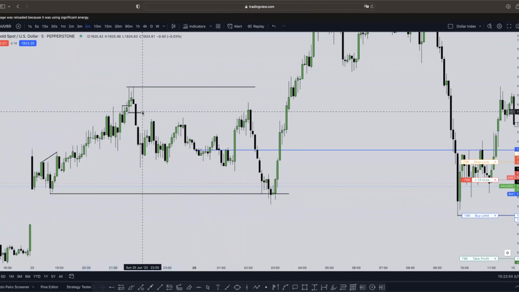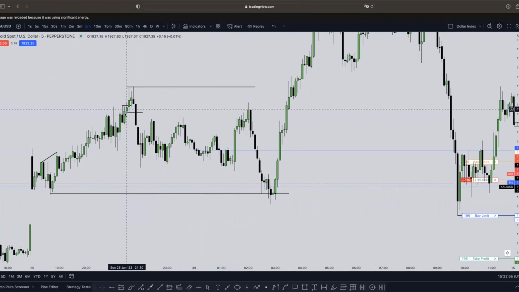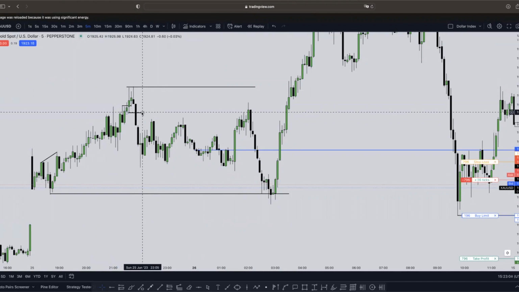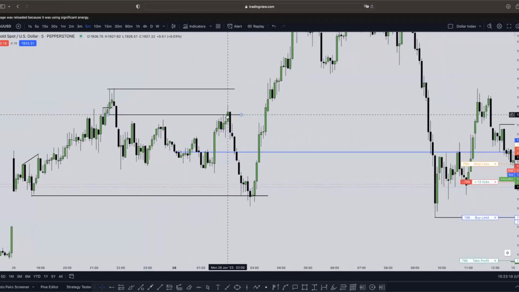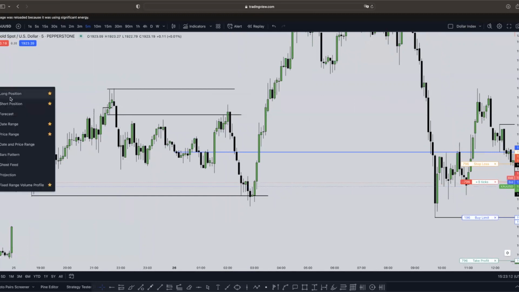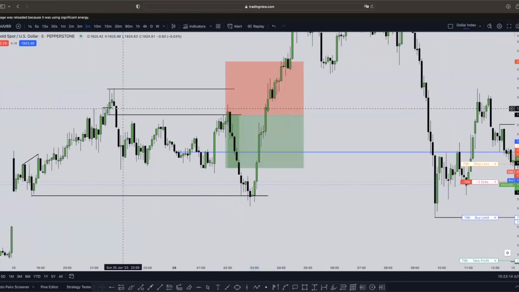If this is the point in which price changed its state of delivery, that means this is where price should be drawn towards in order to cause a sell. So one would do this, and one would keep their stop right above the candle.